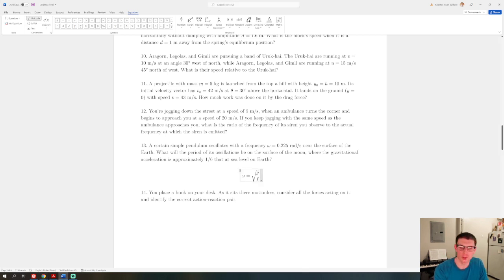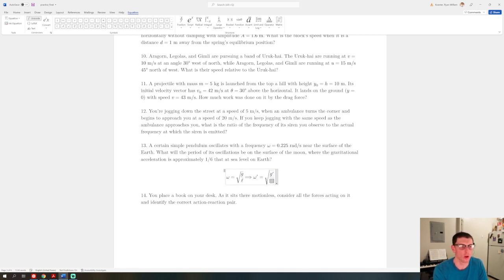Okay, so what we do, this is not that different from the exam problem where you had to figure out what the spring constant was, or rather what the angular frequency was in terms of a different set of masses and spring constants, right? We just say omega prime, the angular frequency on the moon, is going to be the square root of g prime over L, right?